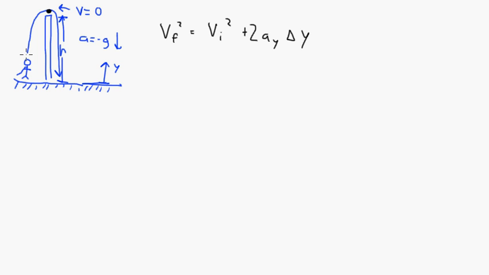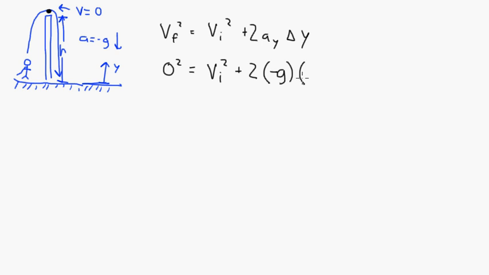We're going to call this spot final. When he's at the top, his velocity is 0. So 0 squared is v initial squared, the velocity he has at the start of his jump, plus 2 times, what's the acceleration here? Well, g is acceleration downwards. Gravity always acts downwards, and we defined y as going up. So the acceleration is negative g, and delta y is h.